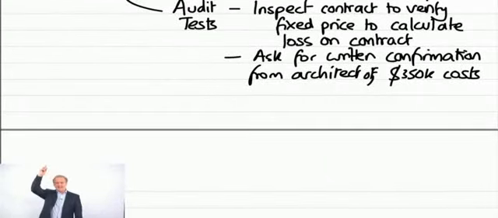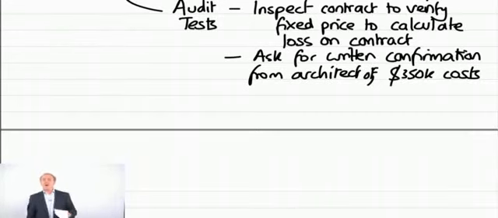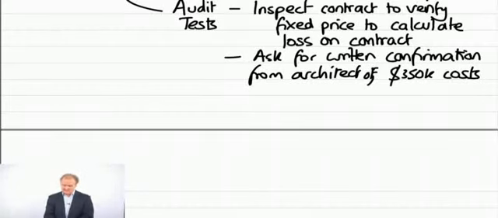And then, ding, a light bulb goes on above my head as I remember to think about dates. This is a planning question. It is currently 3-4 weeks before the year end. These tests that you are planning to do, when will you actually do them? You will do them after the year end. And by the time you come back to do the audit tests, those costs might have been spent.